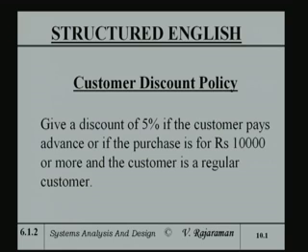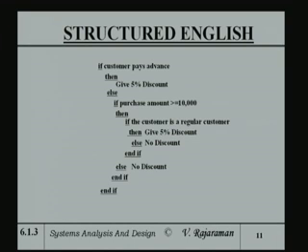So, if I want to put it in structured English, I will say: if customer pays advance, then give 5% discount. If purchase amount is greater than or equal to 10,000 rupees, then if the customer is a regular customer, then give 5% discount, else no discount, end if.